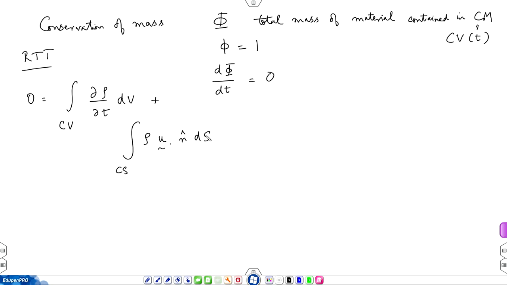So, u dot n, when you sum over everything, is just outflow minus inflow. Why outflow minus inflow? Because n is outward drawn normal. So, it is outflow minus inflow. This inflow can happen at various points. It is integrated over the entire control surface.